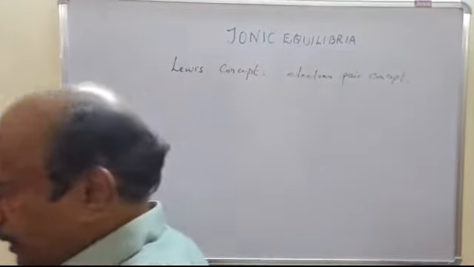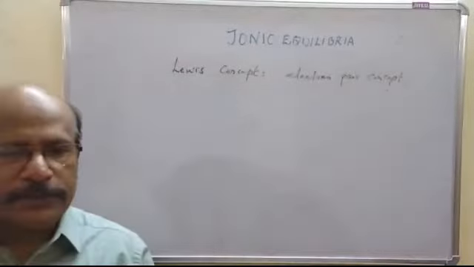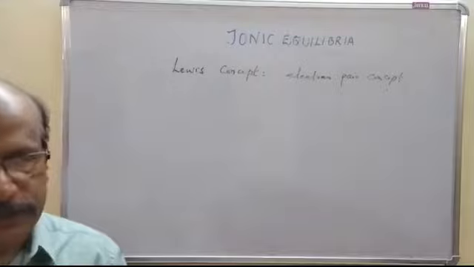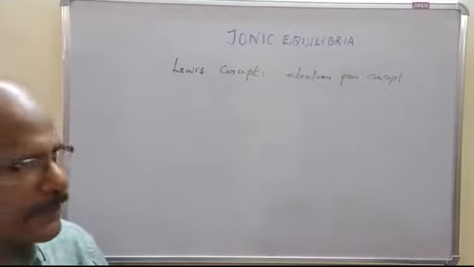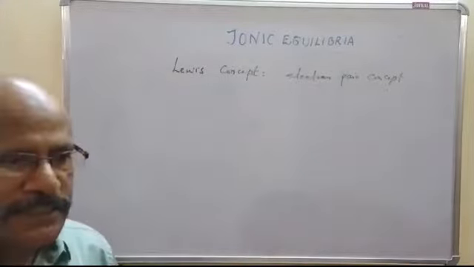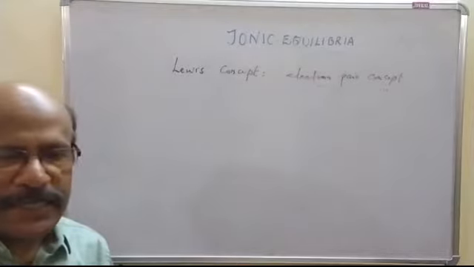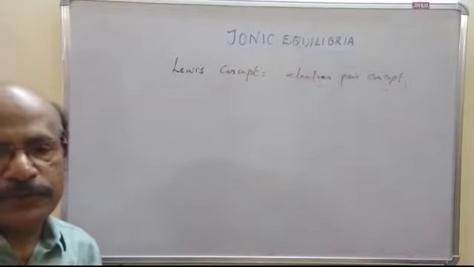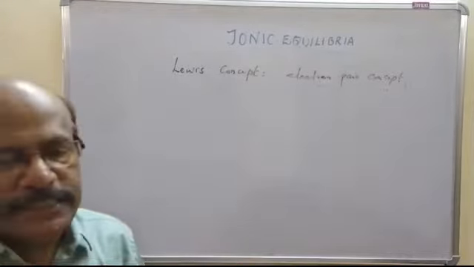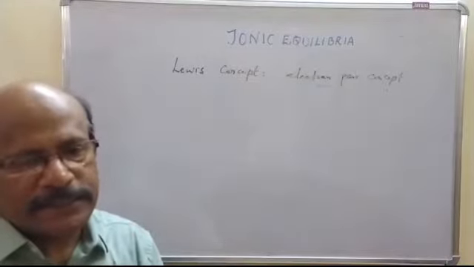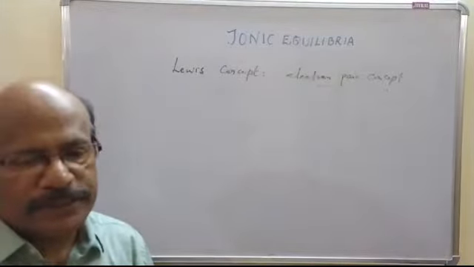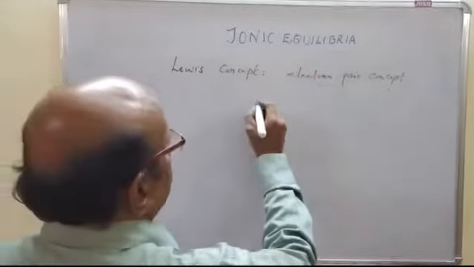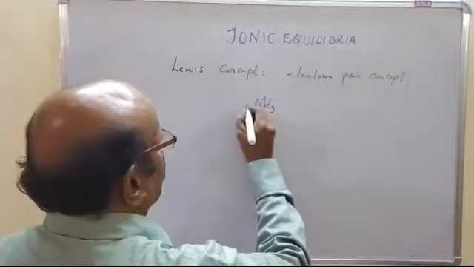Any electron deficient compound that can accept a pair of electrons can act as an acid, called a Lewis acid. Similarly, any substance which contains an excess pair of electrons, non-bonding electrons, acts as a base, called a Lewis base. Examples of Lewis bases are NH3, which contains a lone pair.